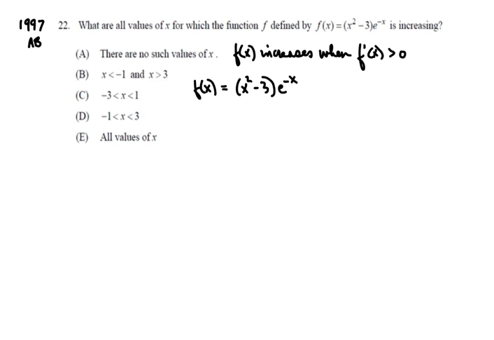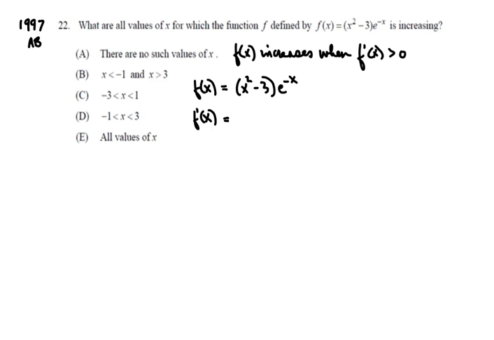So we start with the function x squared minus 3 quantity times e to the negative x. The basic structure of this derivative will be a product rule, and a product rule with a chain rule, at least in the second factor.